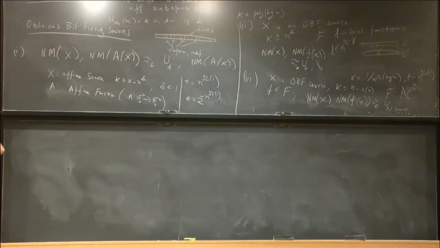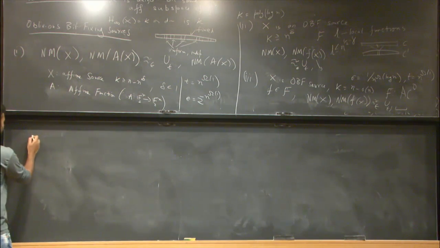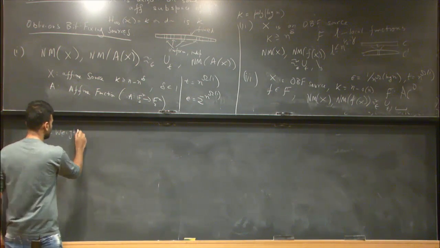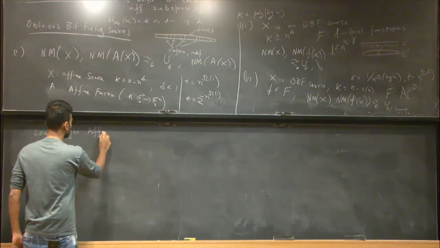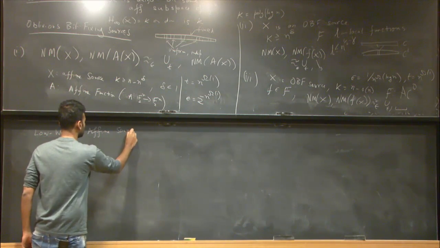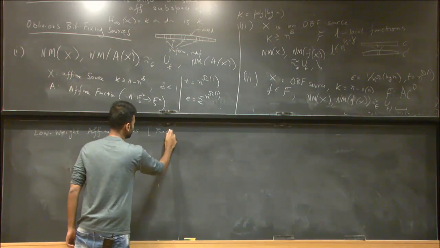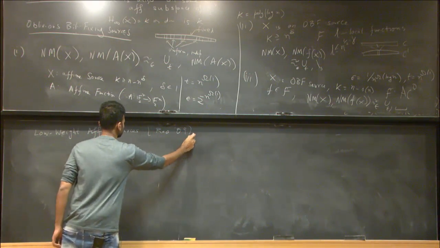Okay, so now you're proving one. Yeah, so now I'll be proving something which is slightly different from one, but it's very easy to get. A slight change in one would give you this. So let's start out with defining low weight affine sources. This class of sources was studied by Anup Rao in 2009.